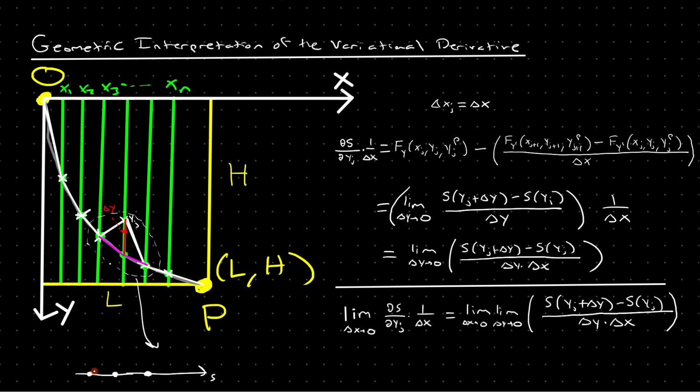At this point, we're at the optimal value. The only point where we've moved away is this distance right here. This is delta y. So this is a new coordinate system, a sort of variation coordinate system along the y-axis here, and along the s-axis. This point is 0, this point is 0, and this point is 0.